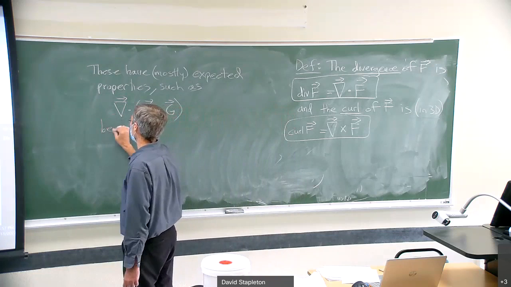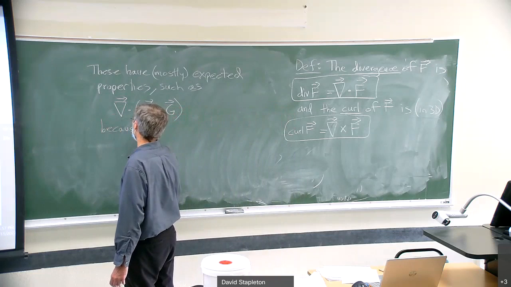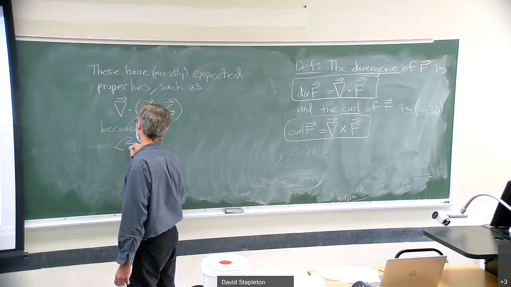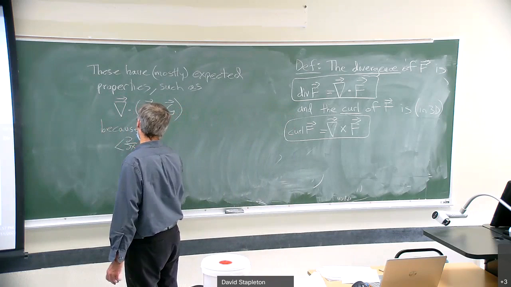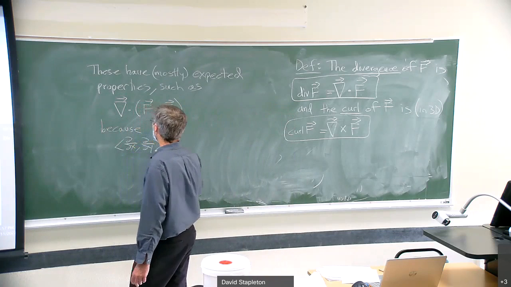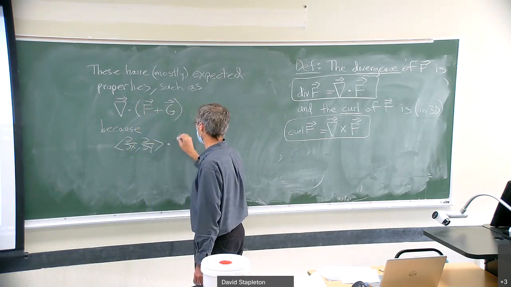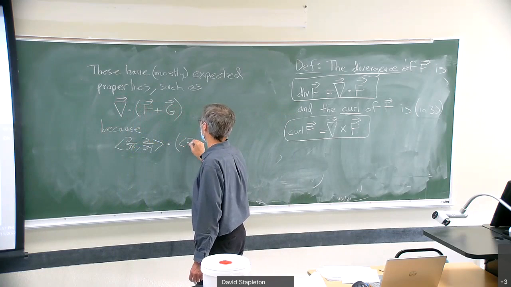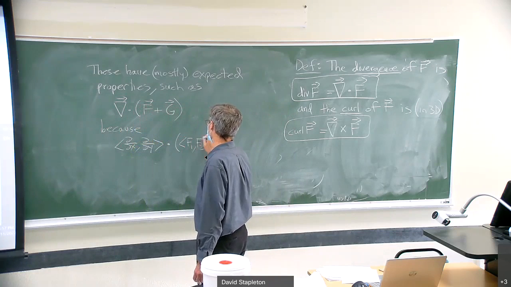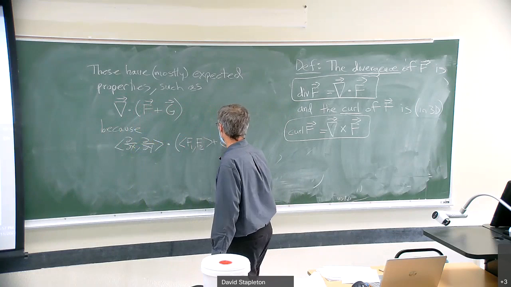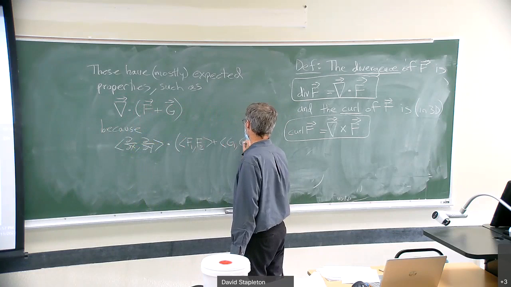We can prove it right here, right? But you just think of this in your mind. What is this? This is d dx, d dy, dot product with f. f1, f2 are the components of f, let's say, and g1, g2 are the components of g.